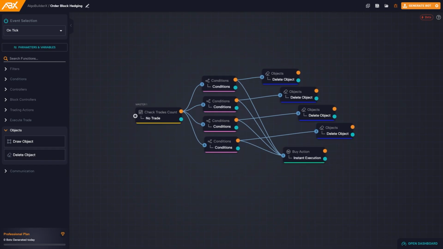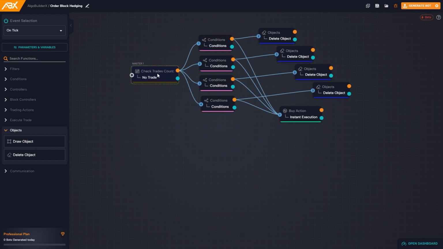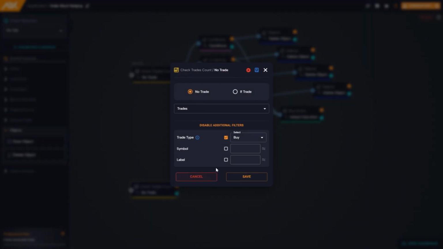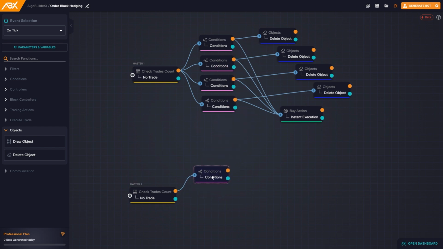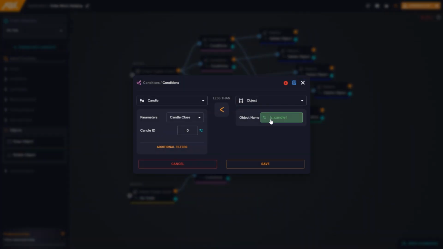Perfect. Now, let's do the same for short trades. Invert the sign in the condition, setting it to greater than, and select the remaining lines.